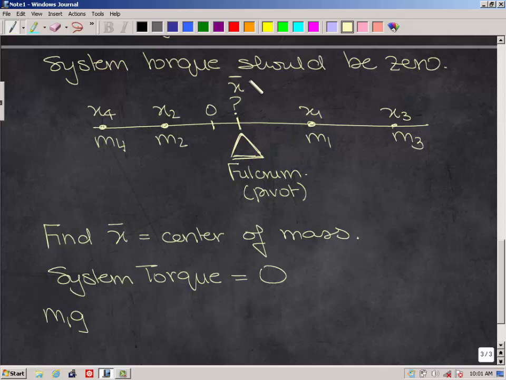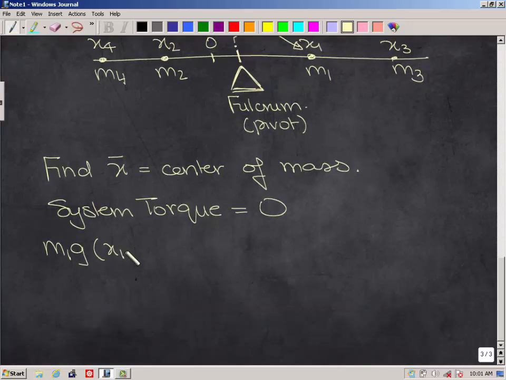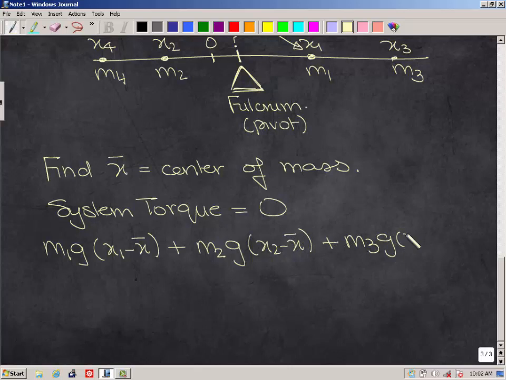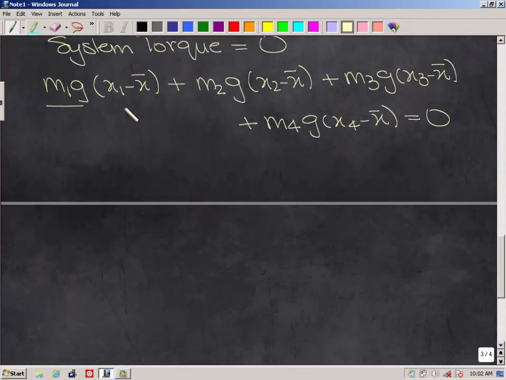So it's the distance from this point to this point for the first one: x1 minus x bar, plus m2 times g times x2 minus x bar, plus m3 times g times x3 minus x bar, plus m4 times g times x4 minus x bar is equal to 0. That's my system torque. It is force times the signed distance from the fulcrum.